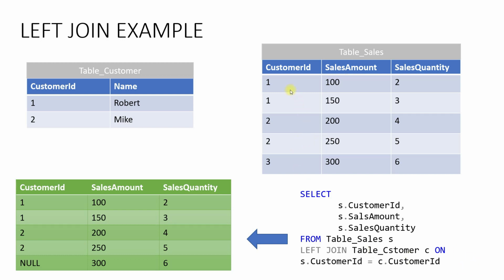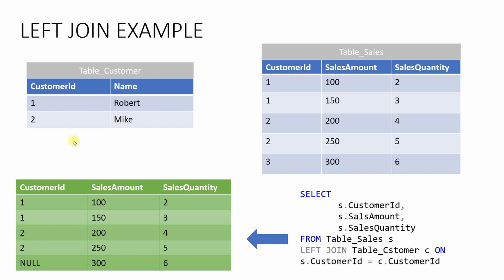And so what that means is that it's going to say, okay, customer ID 1, look up in the table customer, we get a match, we include this row. Then the next row is also customer ID 1, we get a match, so we include it. Customer ID 2 on both rows, we get a match, we include it. And here the customer ID is 3.